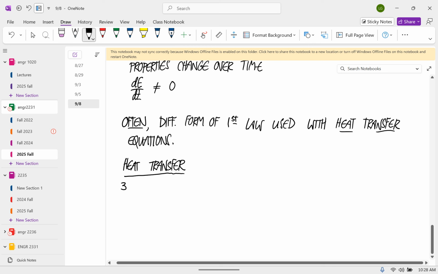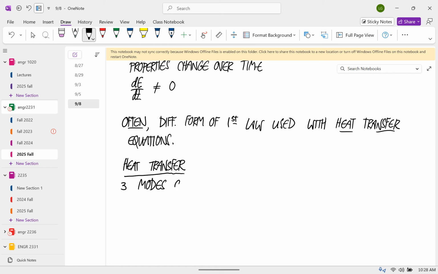There are three modes of heat transfer, three ways that heat can be transferred. By the way, can anyone come up with a definition of heat? This is such a quizzy question. This is the kind of thing that could go on a quiz more than once this semester.